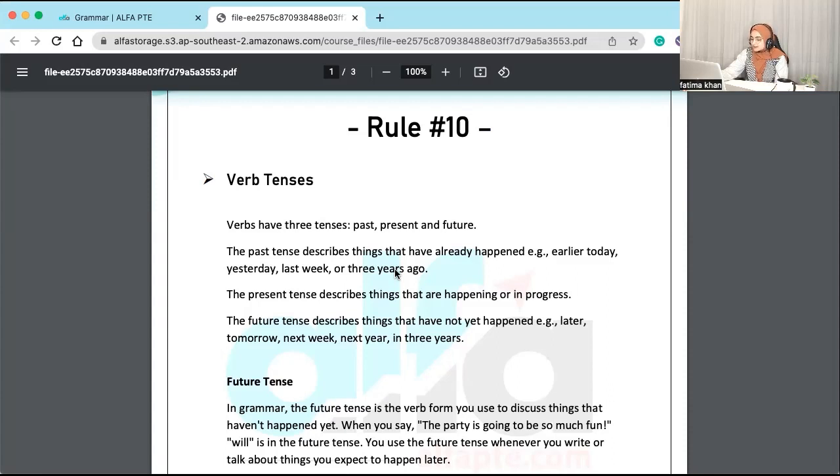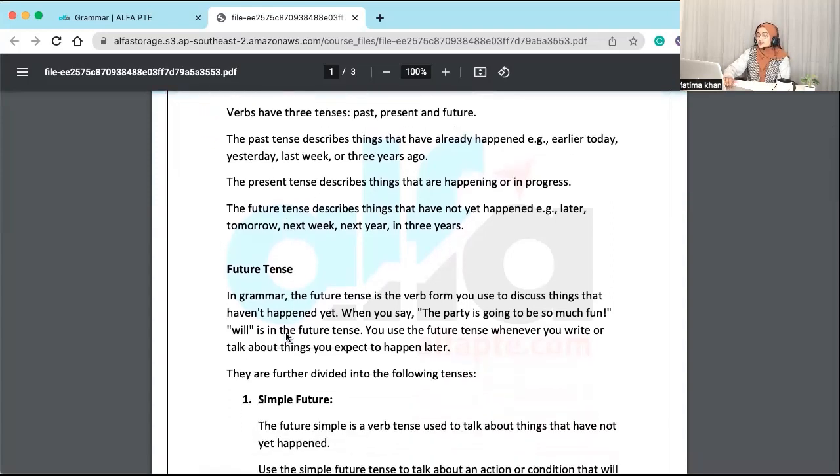In grammar, the future tense is the verb form you use to discuss things that haven't happened yet. When you say the party is going to be so much fun, that means you're anticipating the future and you didn't even go to the party yet, but you want to believe that it's going to be great. That's the future tense.